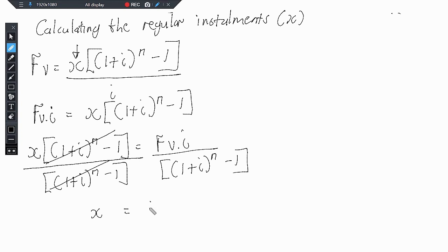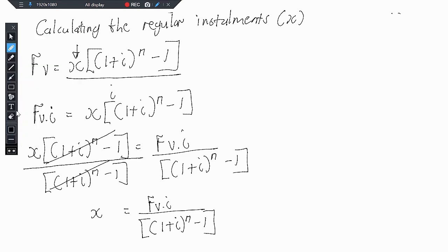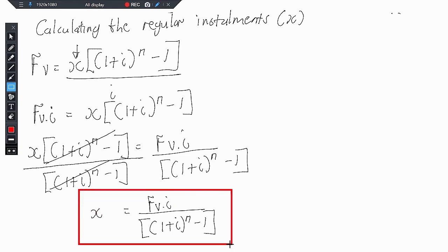So X will be future value multiplied by the interest all over that. That means the formula that we will use to calculate the regular installments for the future value is this. Note that, save it in your notebook.